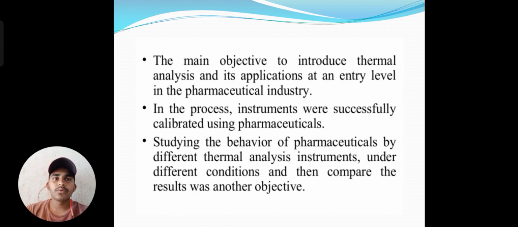The main objective is to introduce thermal analysis and its application at an entry level in the pharmaceutical industry. In this process, instruments were successfully calibrated using pharmaceuticals. Studying the behavior of pharmaceuticals by different thermal analysis instruments under different conditions and then comparing the results was another objective.